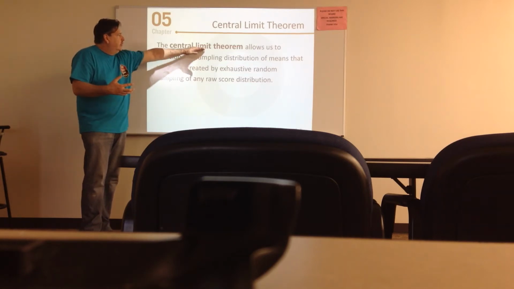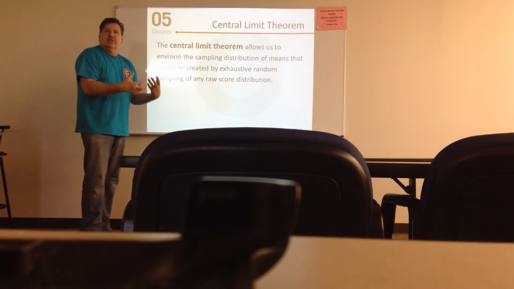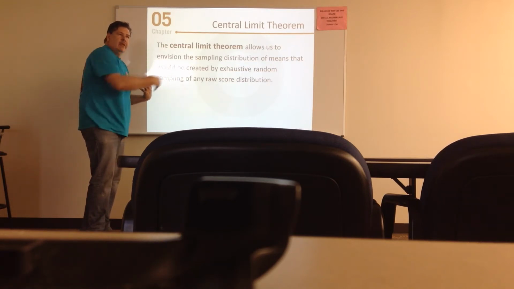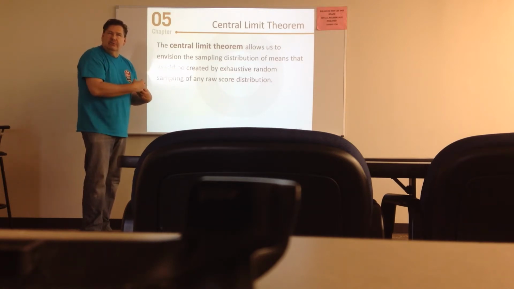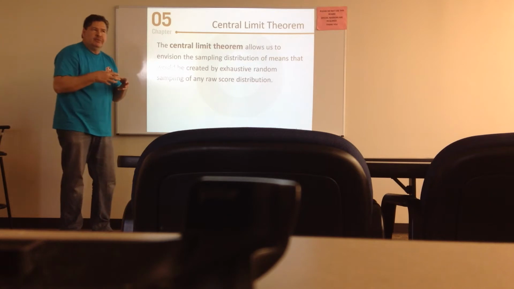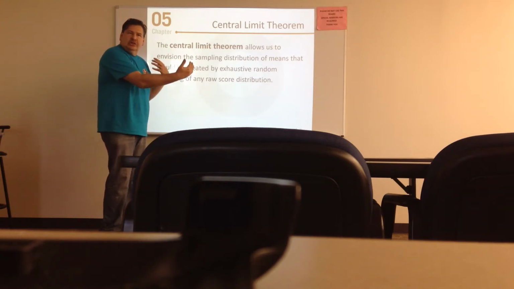So what the central limit theorem is saying, if I take enough samples, then the samples will represent all the areas of the normal curve. Because if I go out and take a small sample, there's a 99.7 chance that I'm going to catch that true sample.